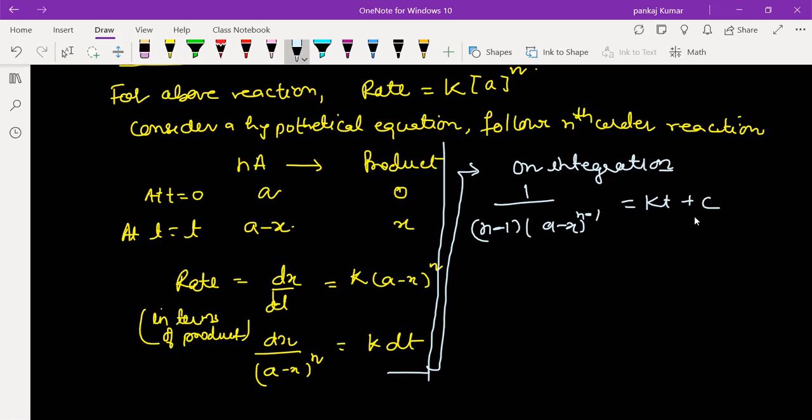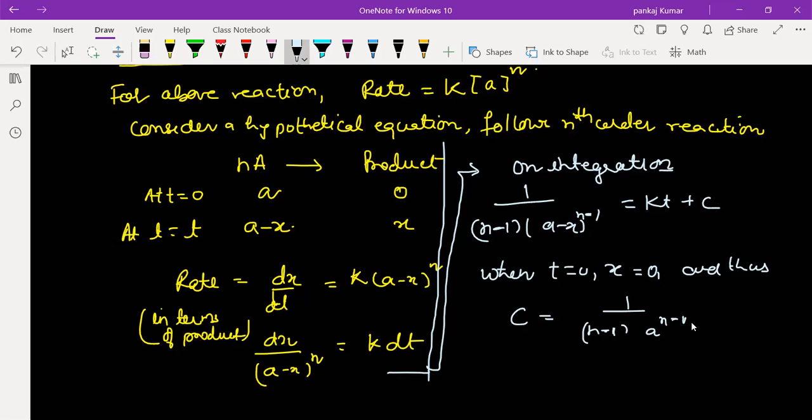Yes, we can write this equation. And when t is equal to 0, definitely x is also equal to 0. And thus c is equal to 1 by n minus 1 a to the power n minus 1.